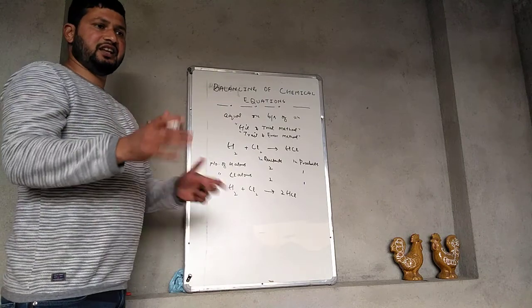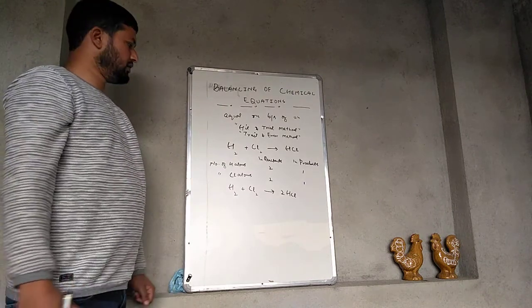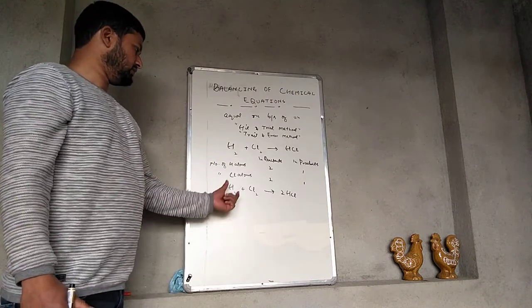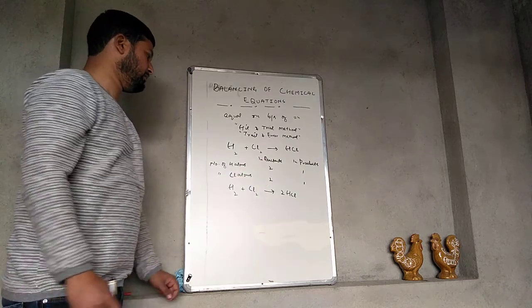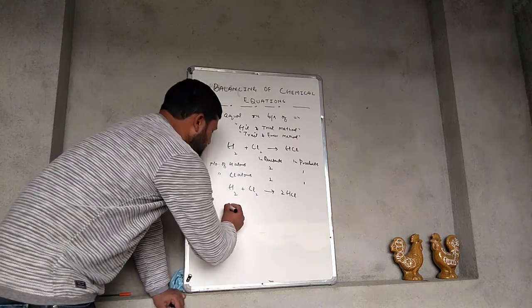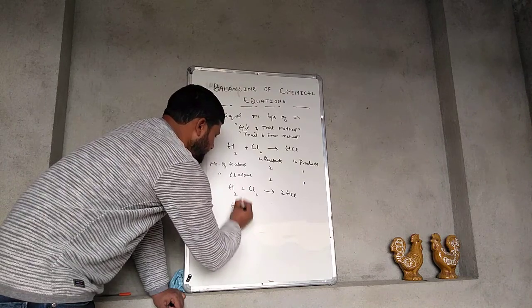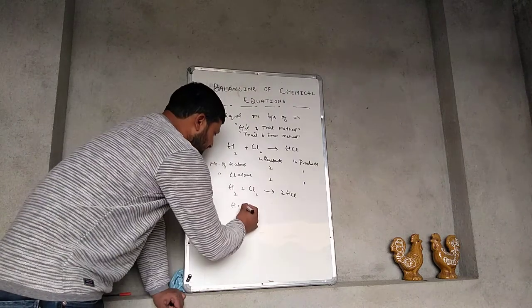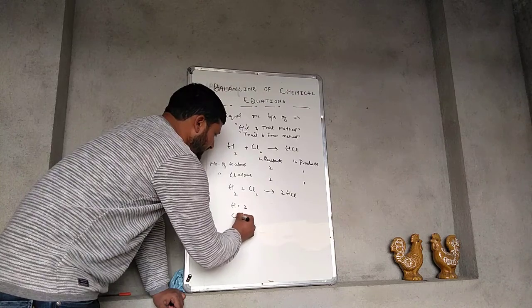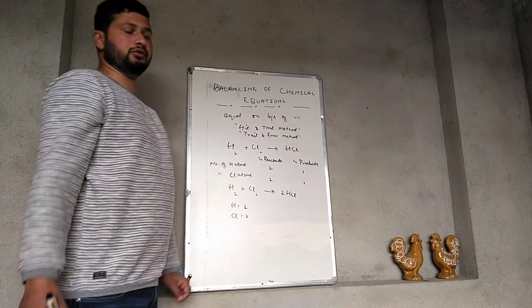Now let's again count the number of different atoms in both reactants and products. The number of hydrogen atoms on the reactant side is 2, and the number of chlorine atoms is also 2.